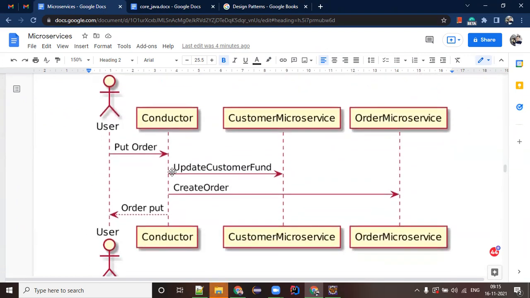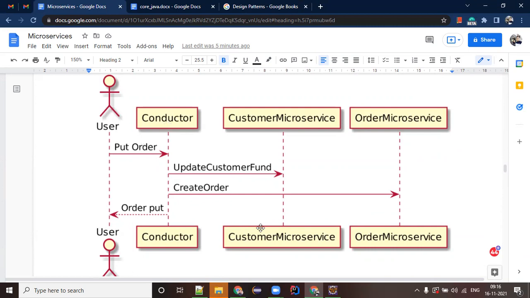But try understanding how the flow is happening in microservices. The same business example which we have just seen in the monolithic, how is it happening in the microservices? The user has to coordinate with the coordinator, which is known as a conductor.